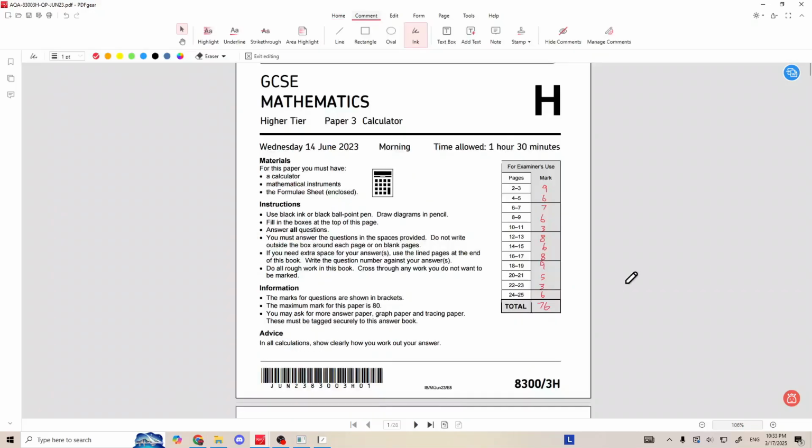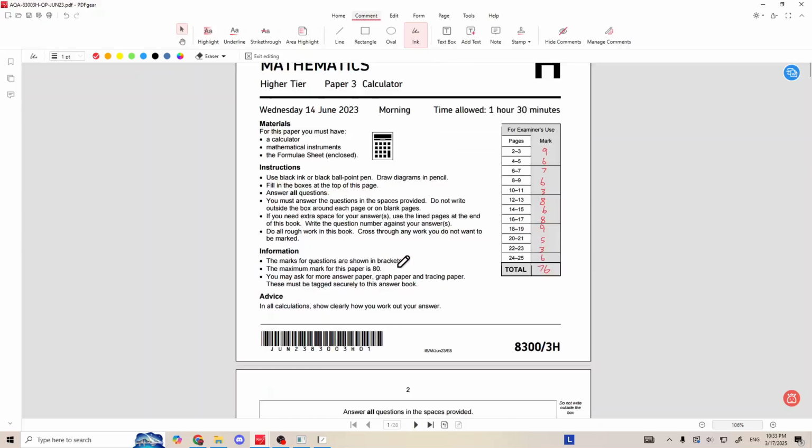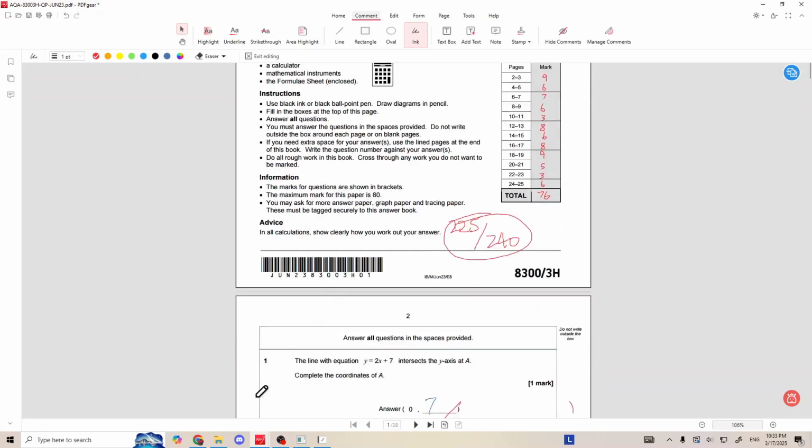If you add up 74 plus 75 plus 76, I got a combined total of 225 out of 240, which is pretty impressive. Honestly, I'm not unhappy with that at all.